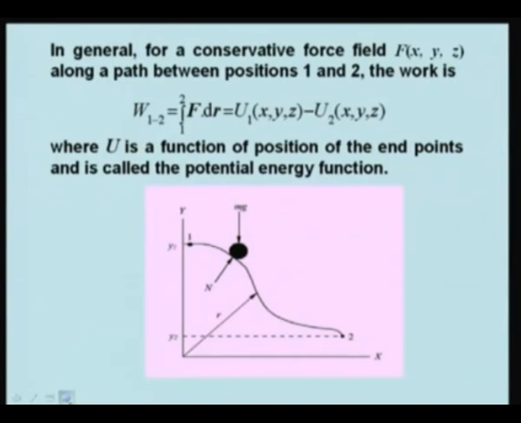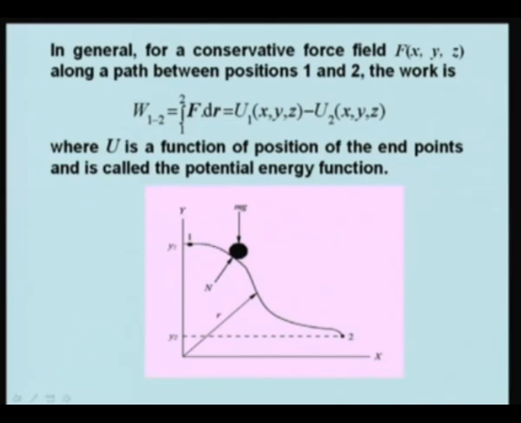So, in general, for a conservative force field F(x,y,z) along a path between positions 1 and 2, the work W1 to 2 is the integral of F dot dr, which is equal to U1(x,y,z) minus U2(x,y,z), where U is a function of position of the endpoints and is called the potential energy function.